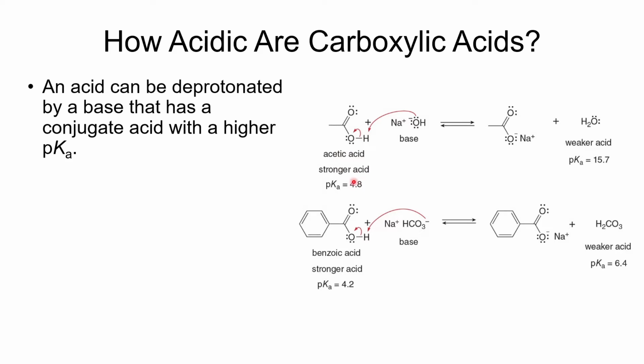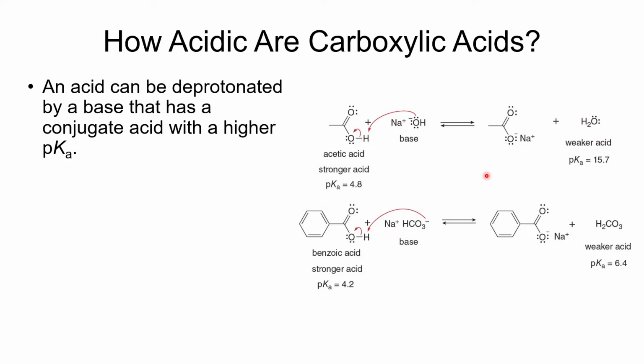So it's moderately acidic. And if we treat it, again, with a strong enough base, in this case sodium hydroxide, which is a fairly strong base, we can deprotonate it and get the carboxylate and the conjugate acid of hydroxide, which is water.